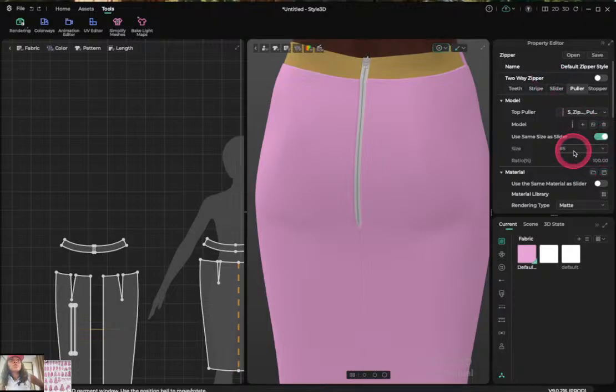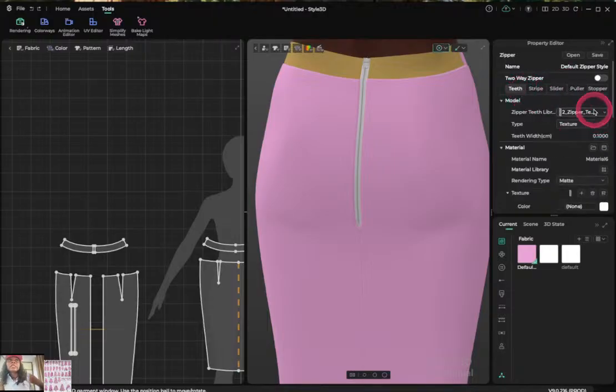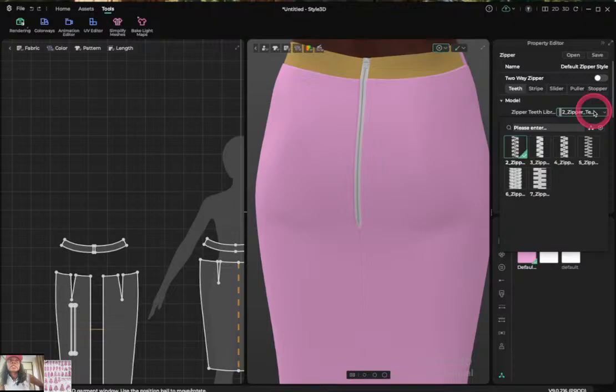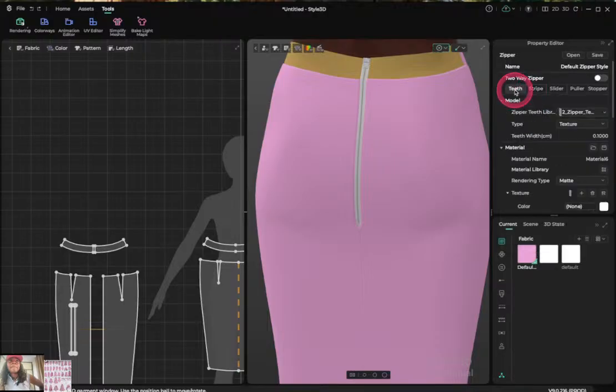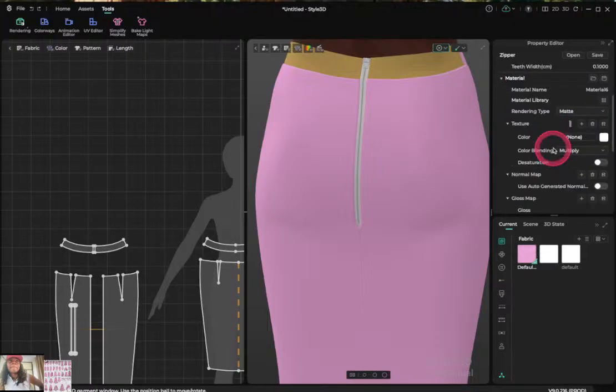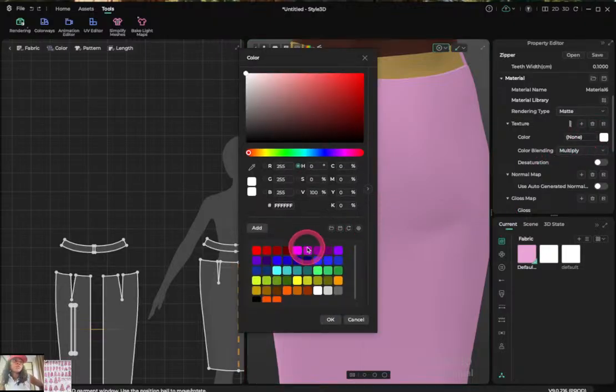Ah, this one is not allowed. Okay. Teeth. Type 2 teeth is fine. Let me make it pink too.